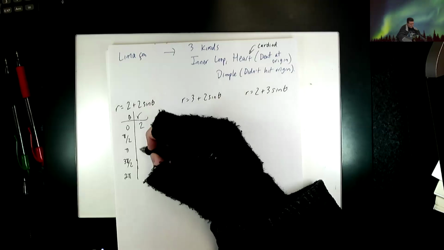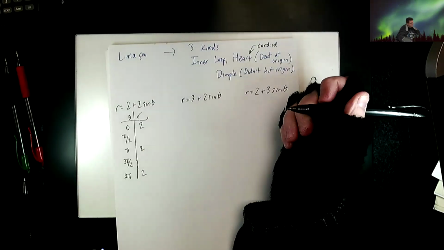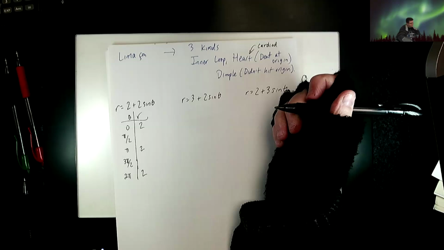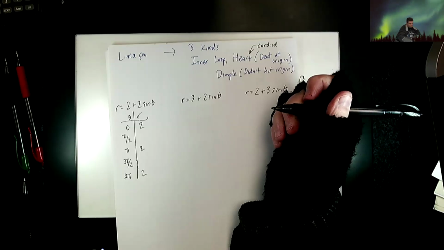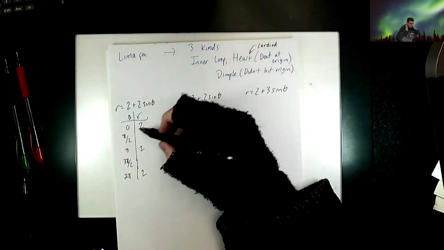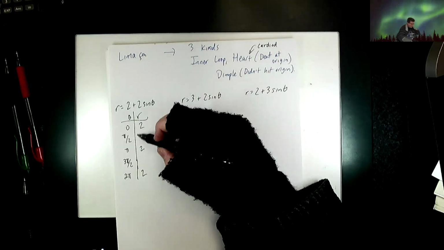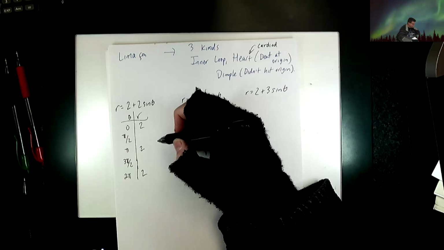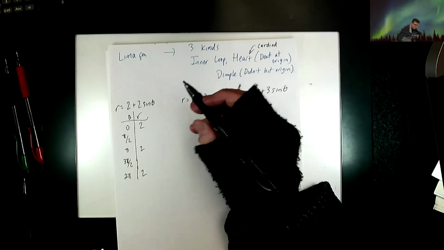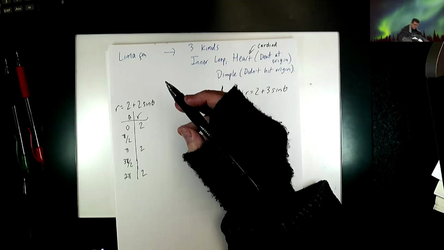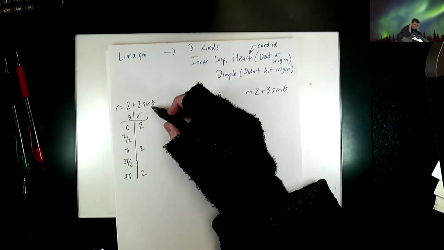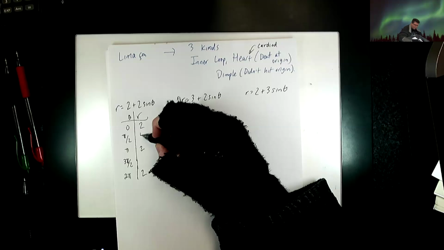So this just turns into a 2 for each of those, right? I stick in pi over 2, that's a 1, these become 4.